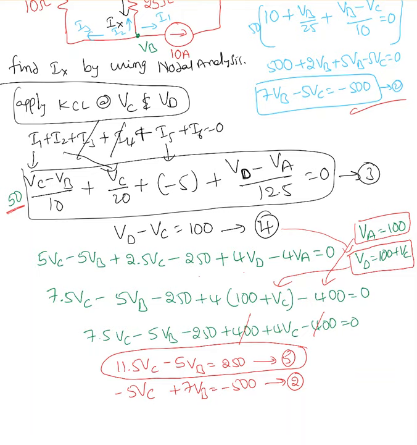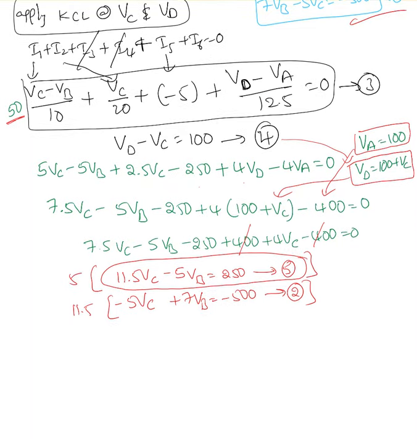Our goal is finding Ix, so solve for VB. To solve for VB, I'm going to multiply the first equation by 5 and the second by 11.5. So 5 times 11.5VC minus 25VB equals 250 times 5, which is 1250.